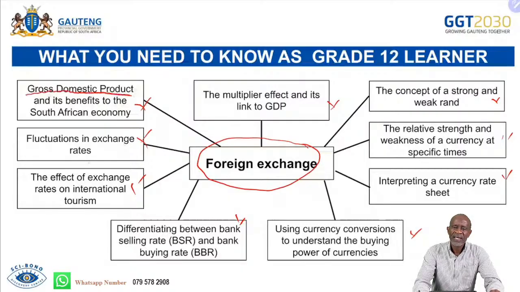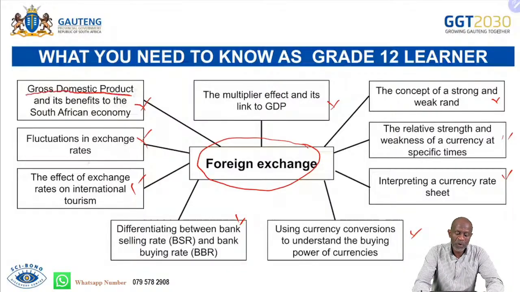Certain times, they are strong, and during some other times, they are weak. So fluctuation suggests that there will be an increase or a decrease in the exchange rate of the currencies that we will be looking at.